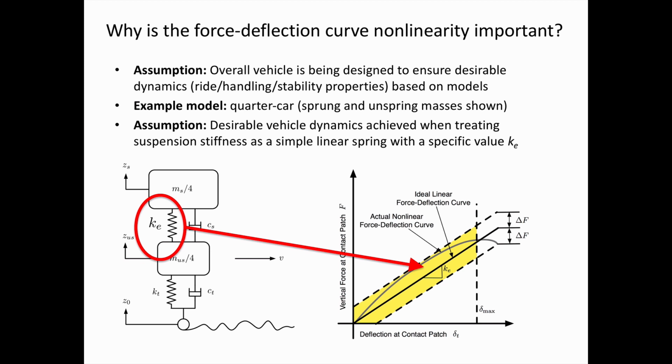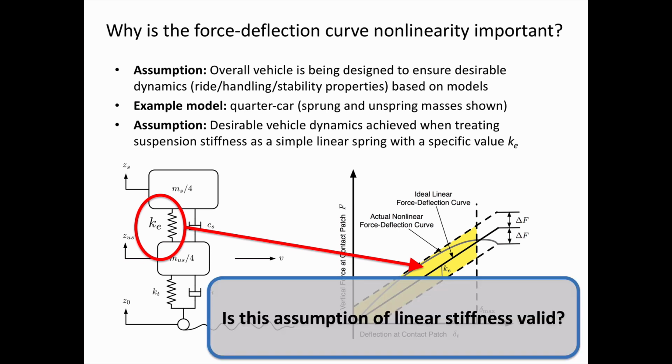Now, if we're thinking about a model of the actual suspension, we could still use this quarter car model, but instead of a linear spring, we could replace it with a nonlinear force deflection curve, and this nonlinear spring would more accurately represent the dynamic behavior of the suspension.